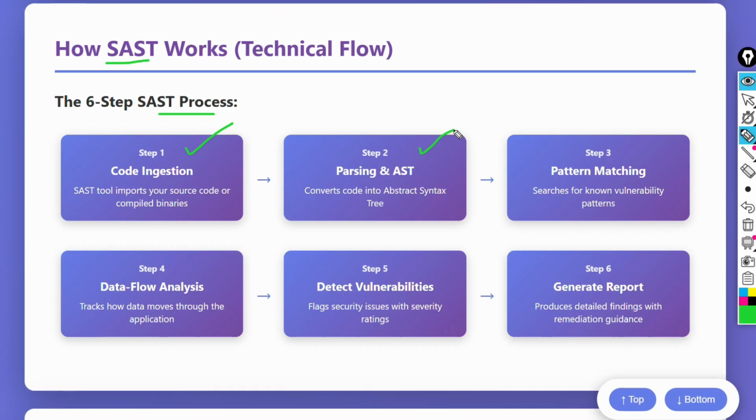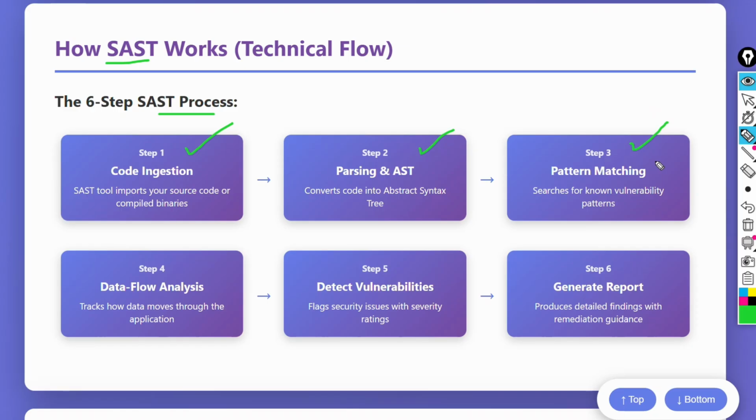That means the tool converts that code into something called an abstract syntax tree. You can think of this as a structured map of your code. It breaks down the code into logical components, so the tool can understand it in a better way. The next step is pattern matching.